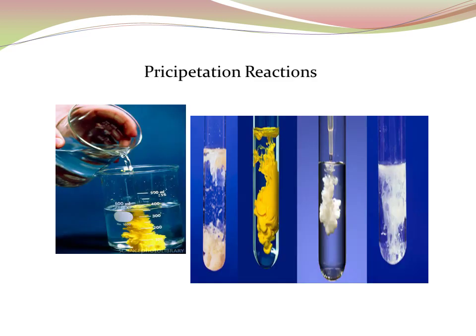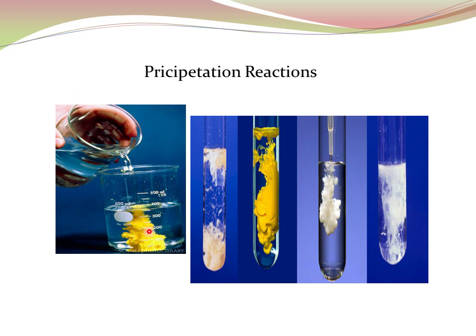Here, guys, examples for precipitation reactions. Again, the precipitate is a solid substance, colored substance, insoluble substance, that falls out of the solution or stays down. So you can see examples here for precipitation.